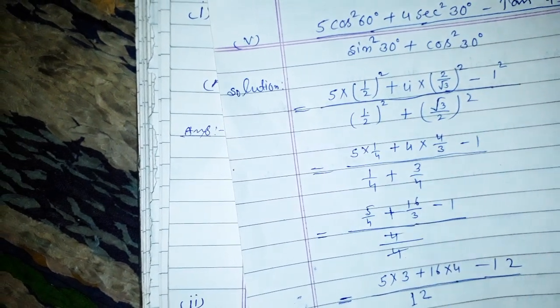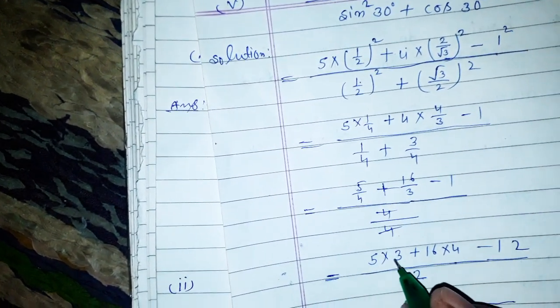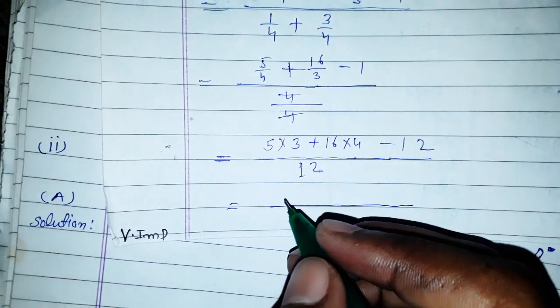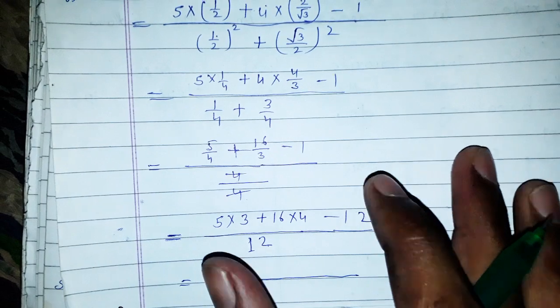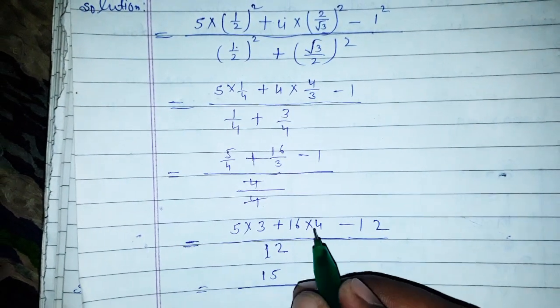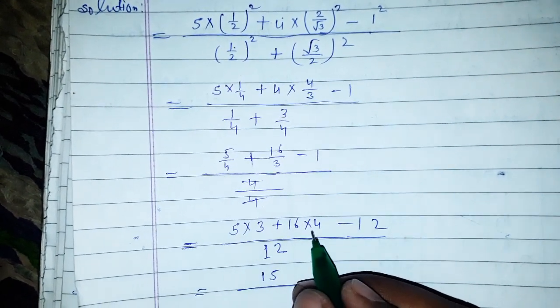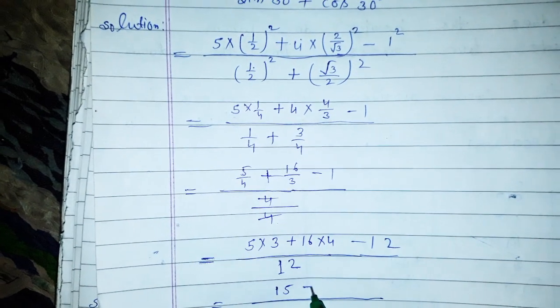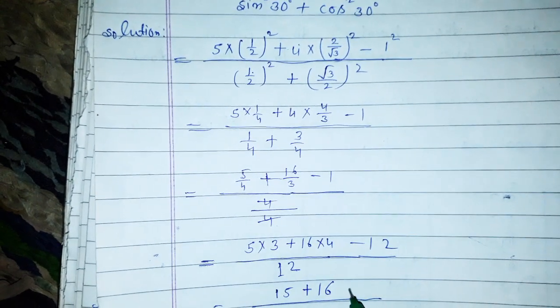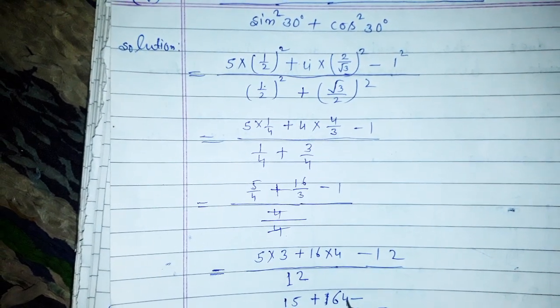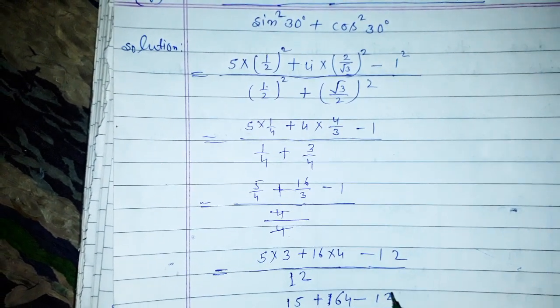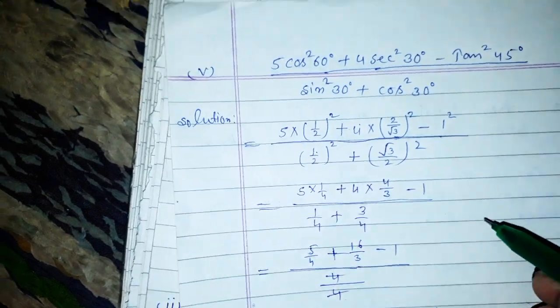Now 5 into 3 is 15. 16 into 4 is 64. Sorry, 64. This is 12 and this is 12.